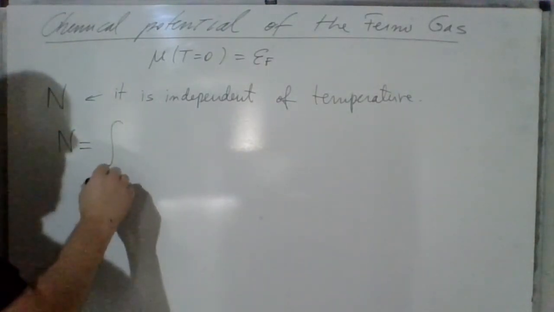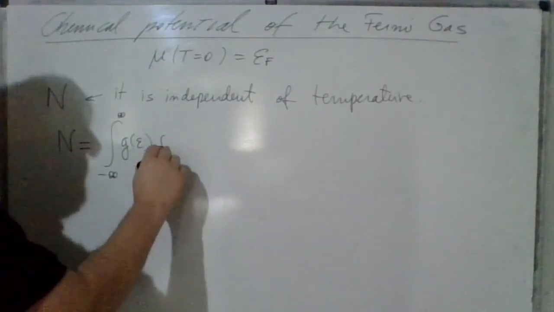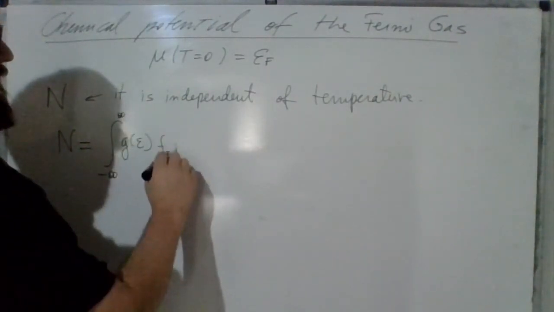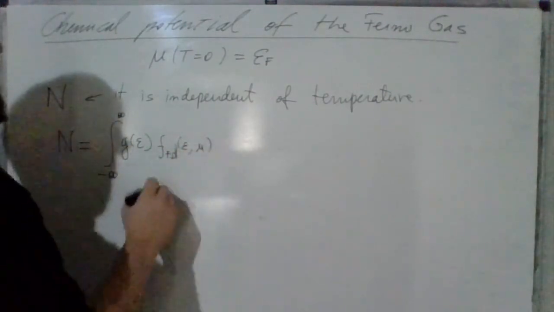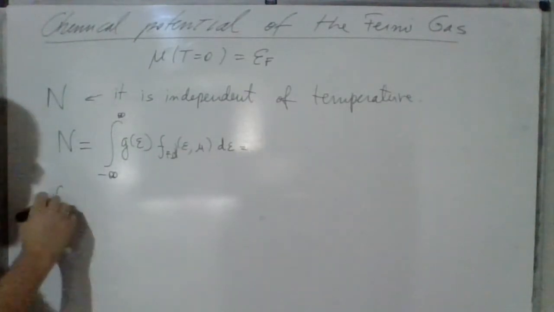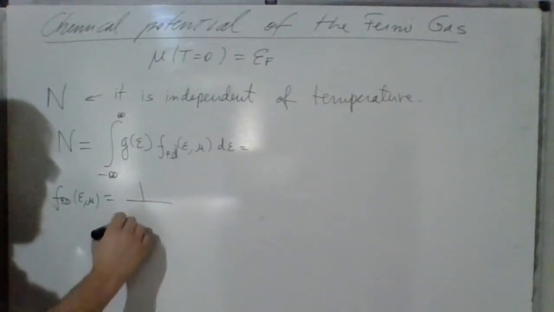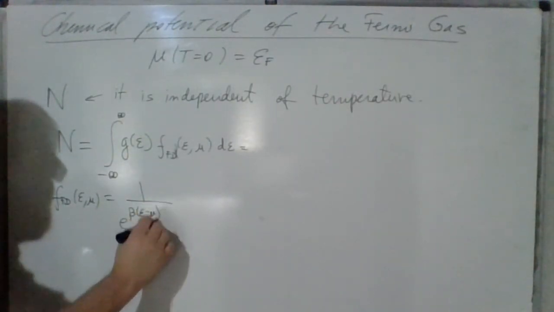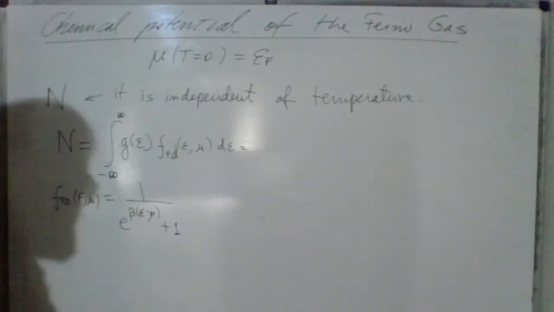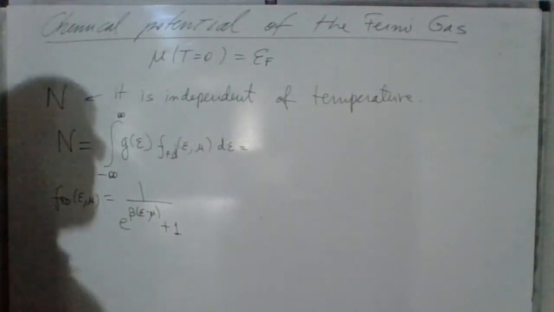It is an integral from minus infinity to infinity, the density of states times the Fermi-Dirac distribution of the chemical potential times dE. And now we can use, remember, the Fermi-Dirac is just 1 over exponential of beta (E minus mu) plus 1. Here, this is just the problem where we want to use the Sommerfeld expansion.